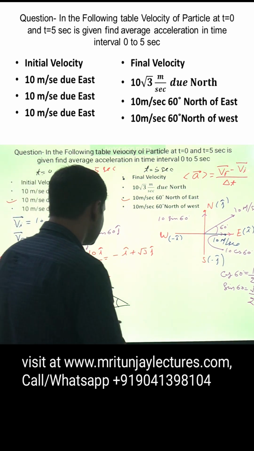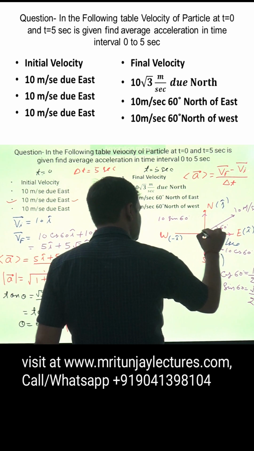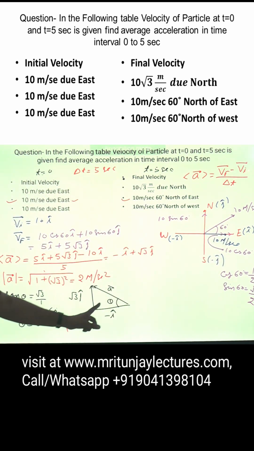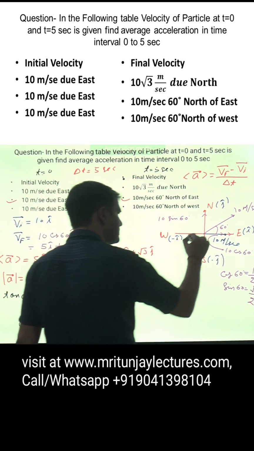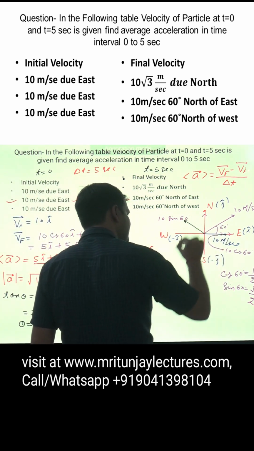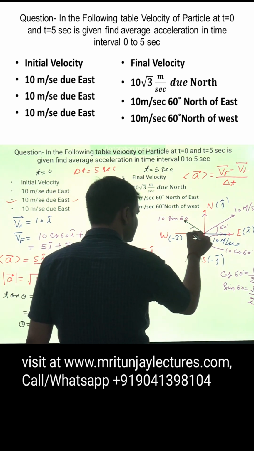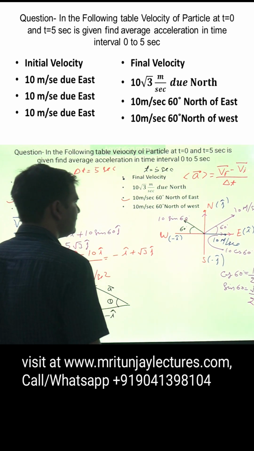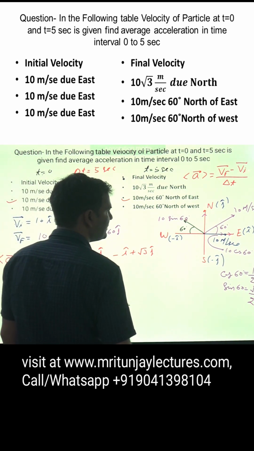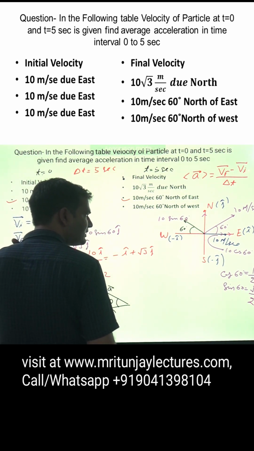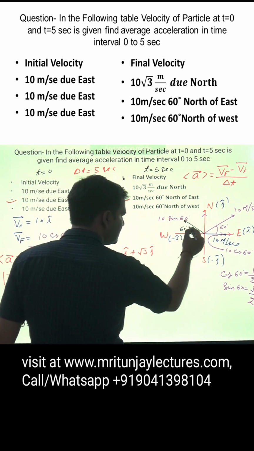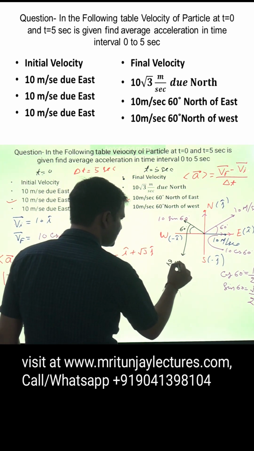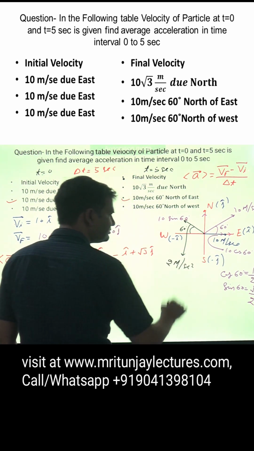If you want to make the direction, make it like that one, and that is 60 degree. Okay? Clear or not? And that one is 2 meter per second square.